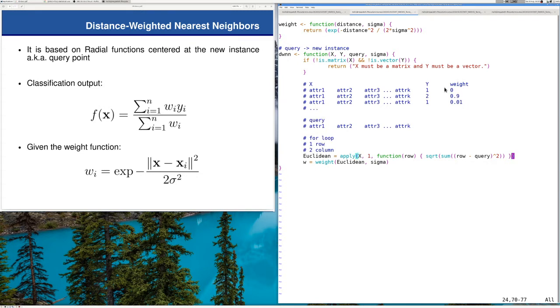I can take those weights and multiply as in a dot product by y. What's going to happen here is basically this. Take a look.